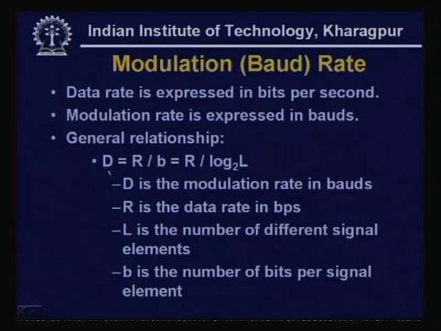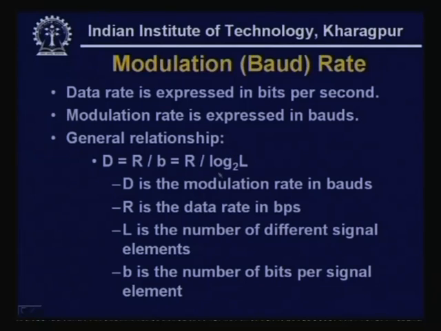The relationship between data rate and baud rate is data rate D is equal to R by B, where B is the number of bits per signal element. That means a signal element can have more than one bit, or it can have fewer bits. So, depending on that the data rate can be more or less.